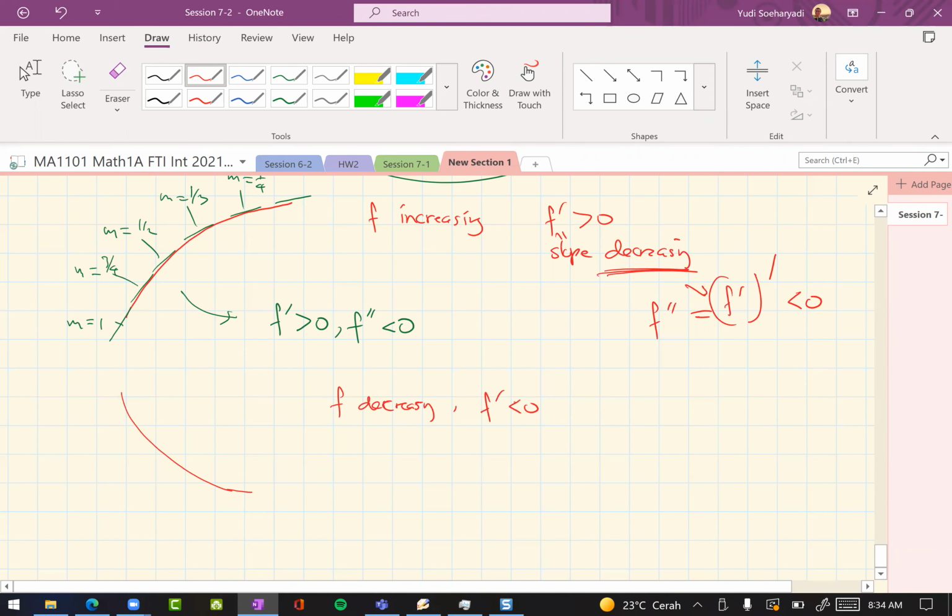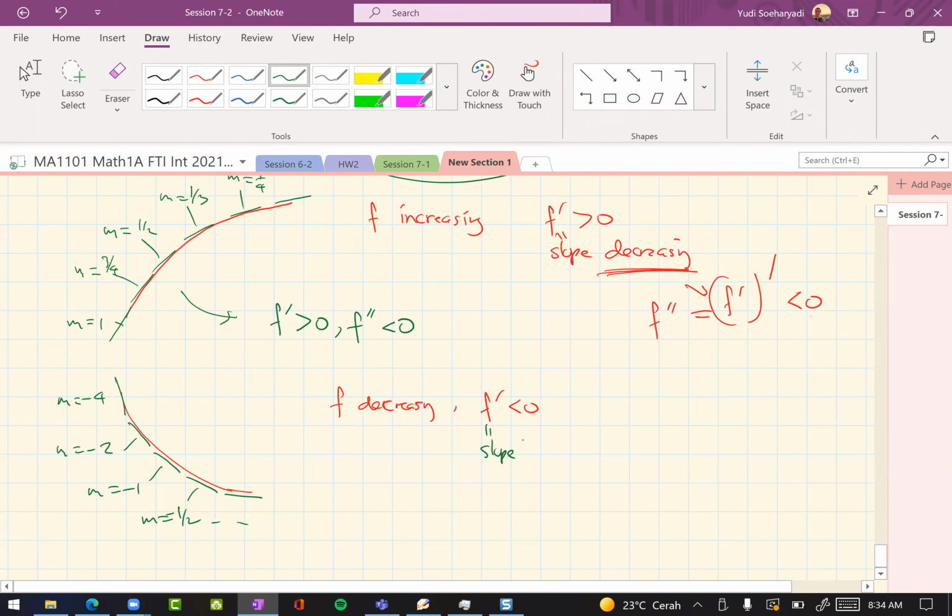What about the derivative? So the slope again. Slope here. This is the slope. So this is m equals, say, negative 4. This is m equals negative 2, m equals negative 1, m equals negative 1/2, etc.